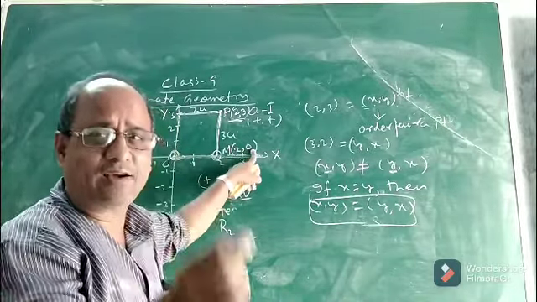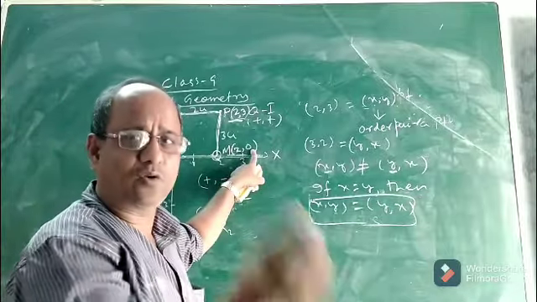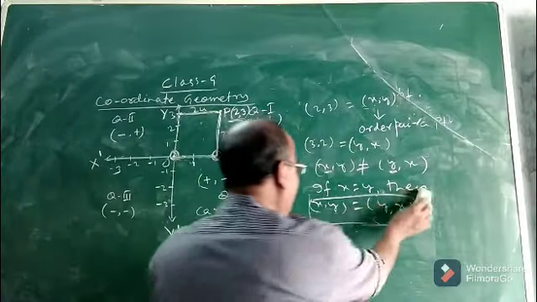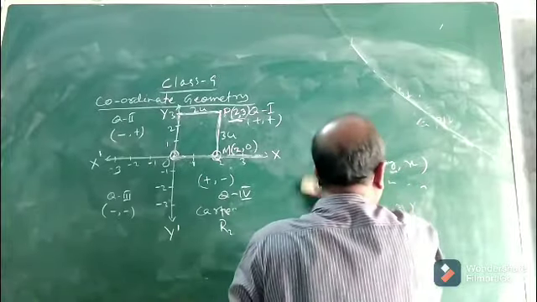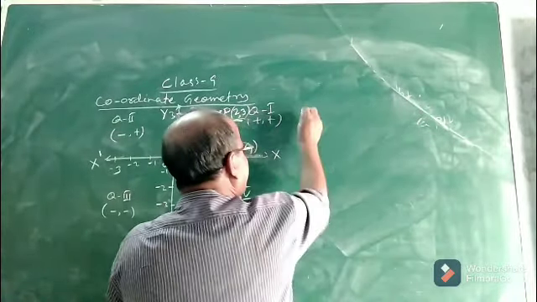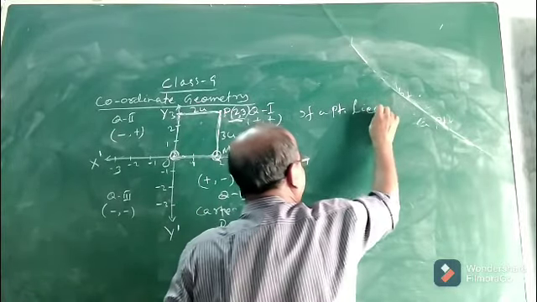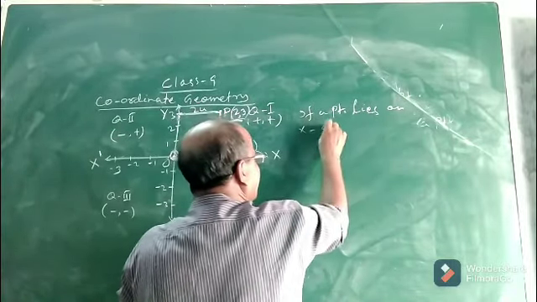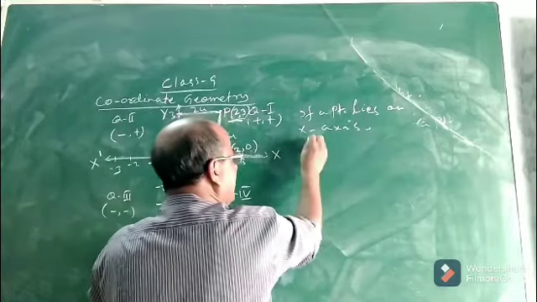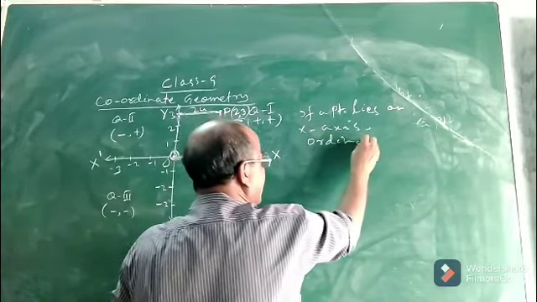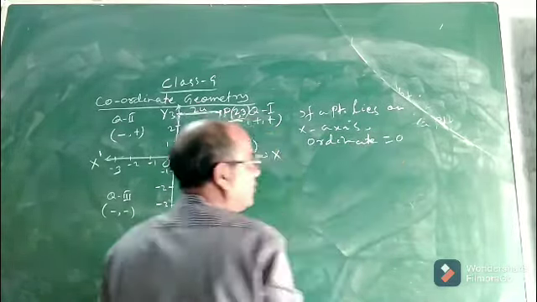So any point lying on the x-axis, its y coordinate will be 0. If a point lies on the x-axis, then the ordinate is 0. And what will the coordinates be?